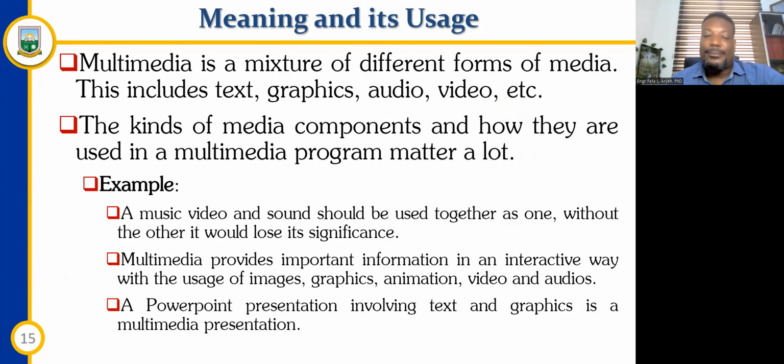All right. So in this way, multimedia is a mixture of different forms of media, as has been said. We could have text, graphics, audio, and video. Text can be the text that you see here, like "multimedia." When we say text, it is something that you type: writings, sentences.